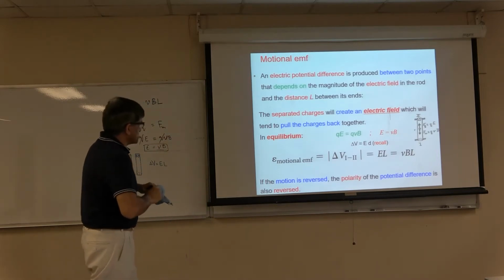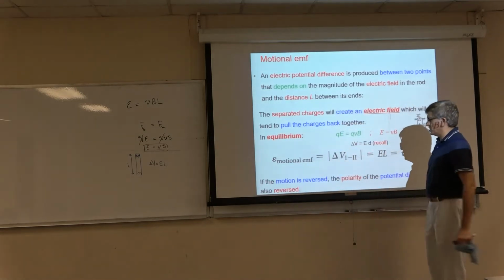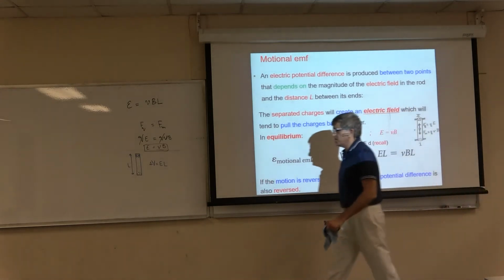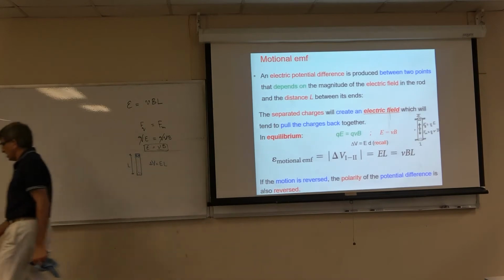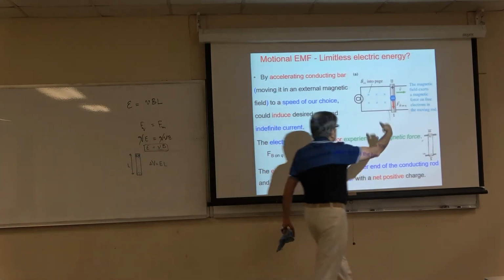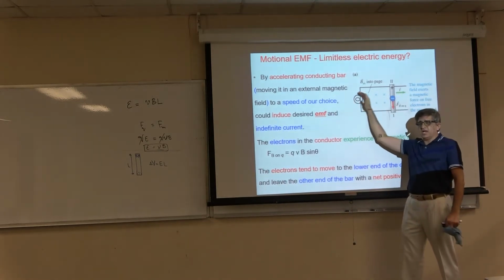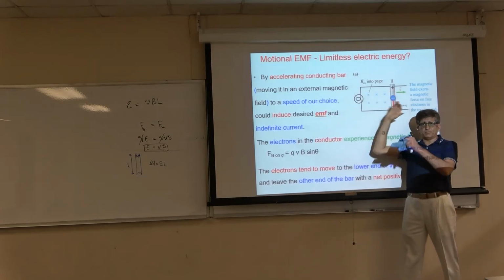Now, if I reverse the motion, then the polarity of the potential difference will be reversed. When I say reverse, it means that instead of pulling the bar towards the right, I will start pushing it towards the left.